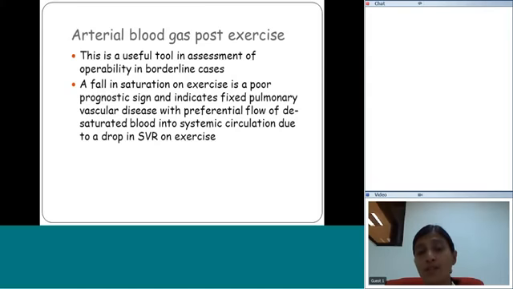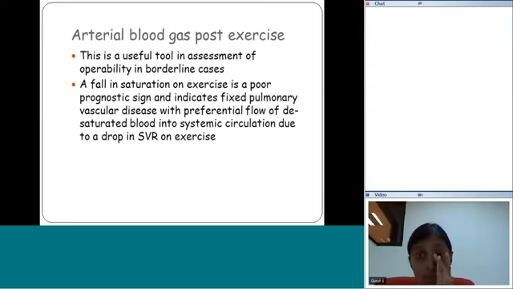If there was a fall of more than 10%, it indicated that the PVRI, when they then cathed the patient, was greater than 7, I think. So I think this would be a good screening tool. If the ABG did not show any fall and the other signs were more favorable, maybe you can take this patient for surgery without a cath. But if the ABG was unfavorable, then probably the PVR is high and you need to look at that in the lab.